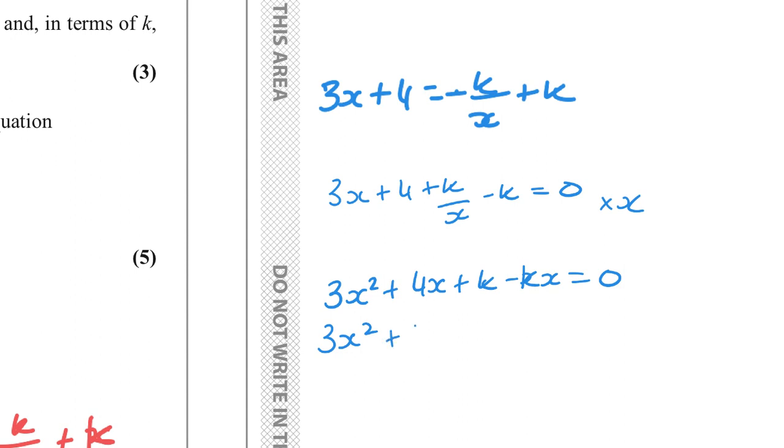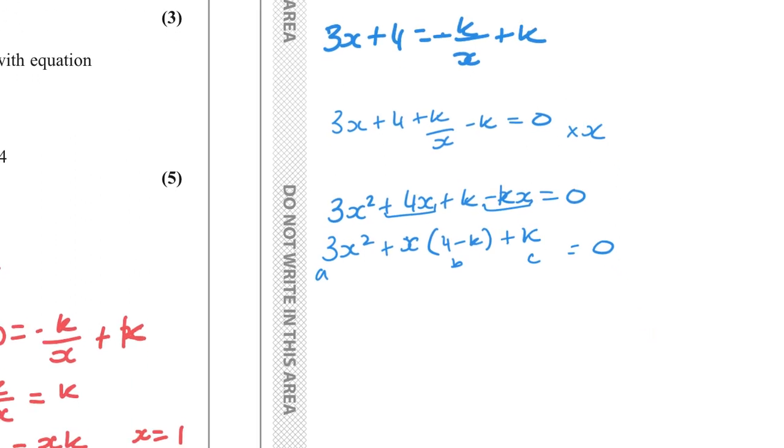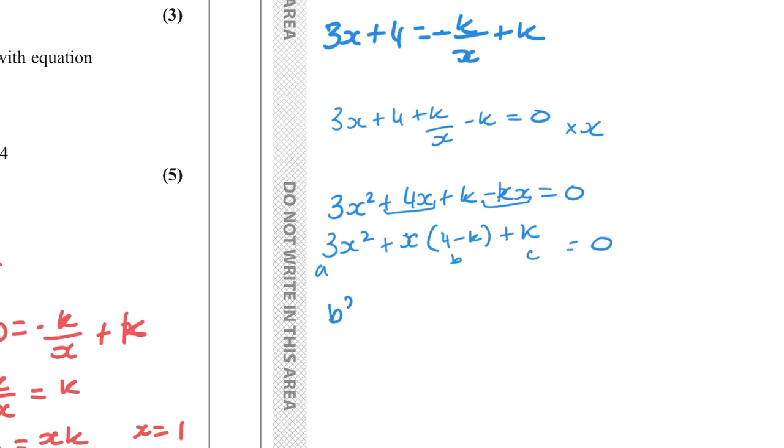3x squared plus, now here I've got 4x and minus kx, so I can factorize out x, 4 minus k, plus k. So now I've got my a, my b, and my c. So if they do not intersect, my discriminant is less than 0.